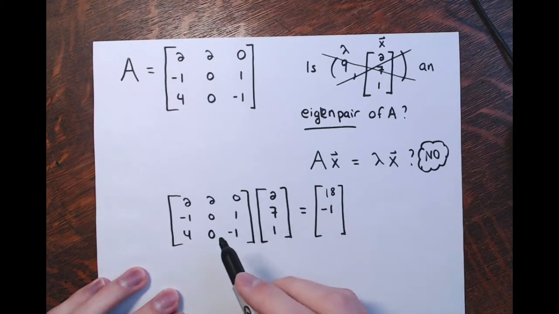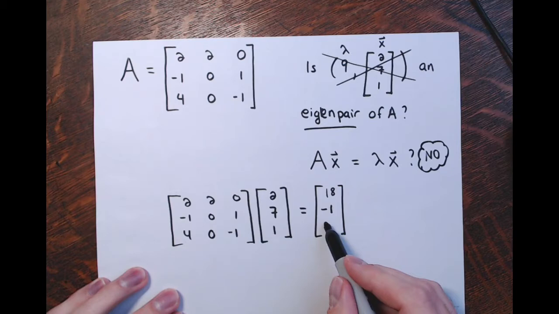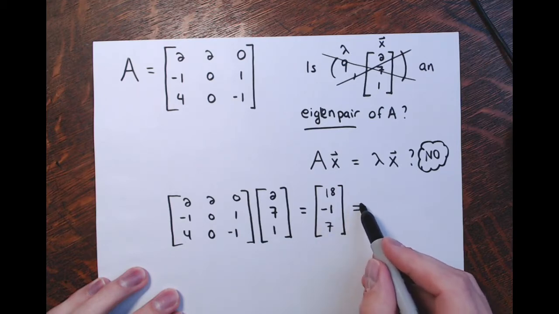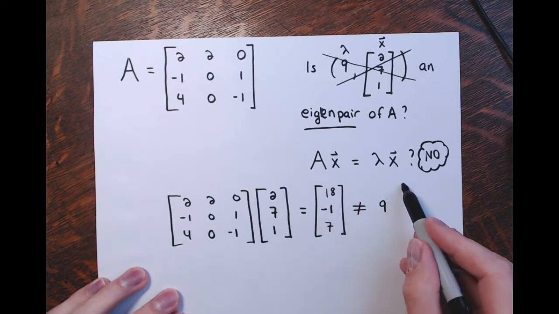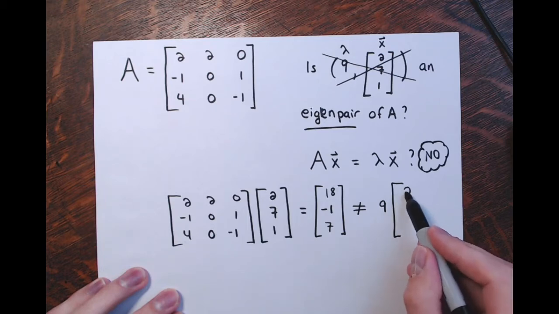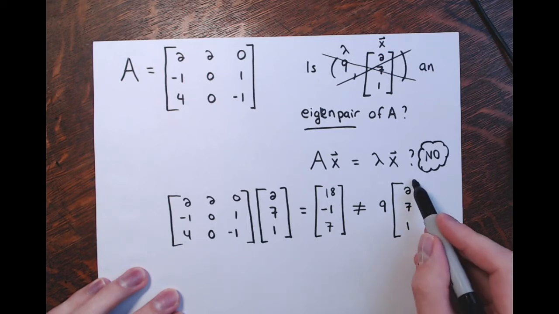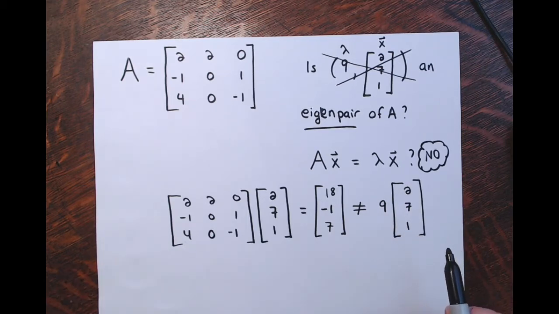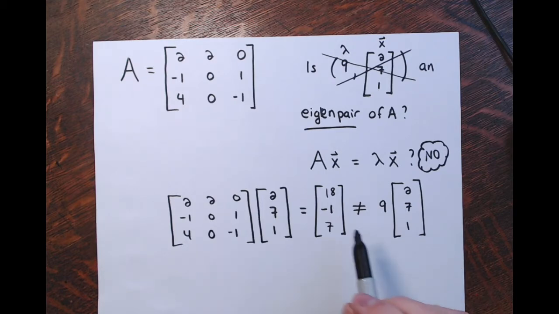Let me just finish it off here. We have 8 plus 0 minus 1, that's 7. Again, this is not 9 times the vector 2, 7, 1. All right. In fact, it's not really any scalar multiple of 2, 7, 1. Right?